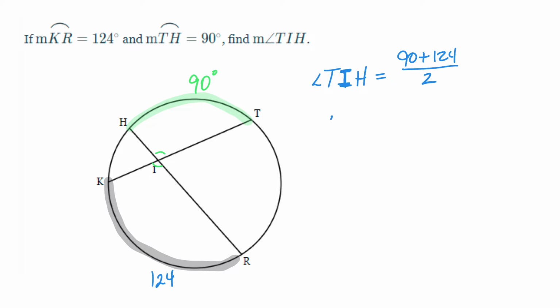So angle TIH is equal to 214 divided by 2, which is 107 degrees. And that makes sense, that's an obtuse angle. So we can see that's what we have.